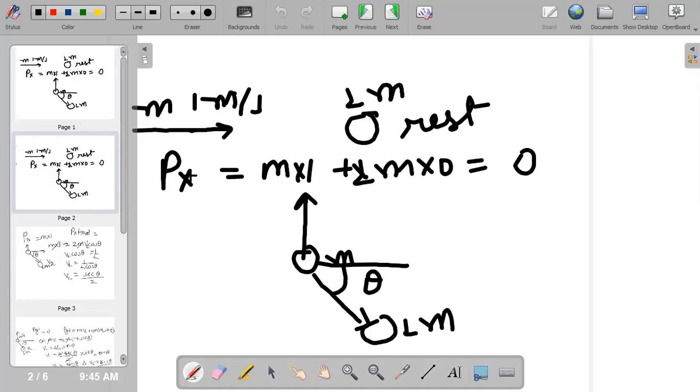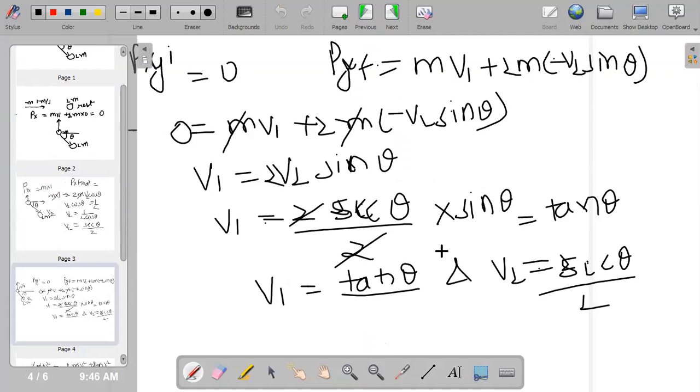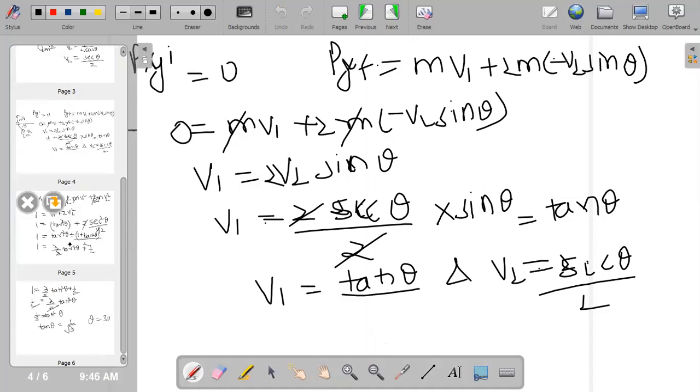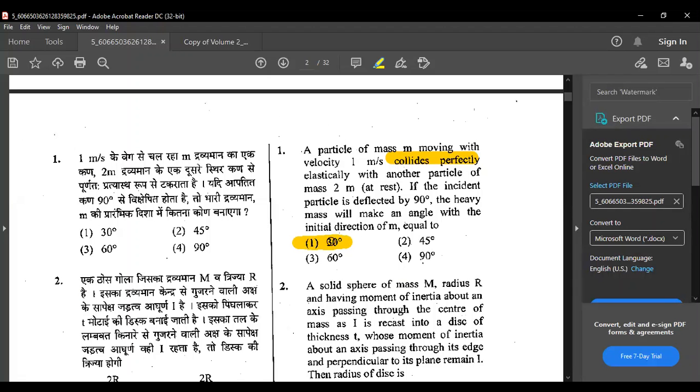So what we did, we equated the momentum in the x direction and the momentum in the y direction, and we got the values of v1 and v2, and lastly we conserved the energy, and then we got the value of tan theta as 1 by root 3, and the final answer we have is 30 degrees. Let's see whether this answer is given or not. Yes, so the correct answer will be option 1.